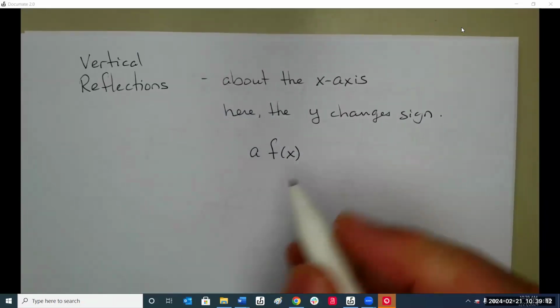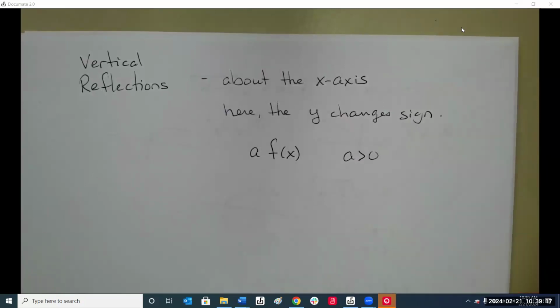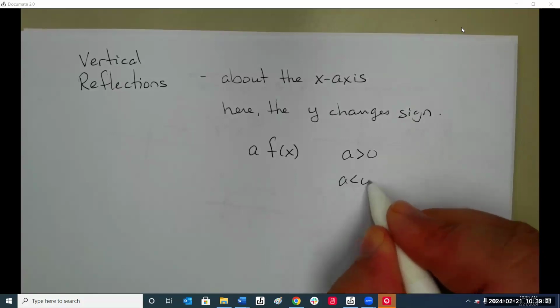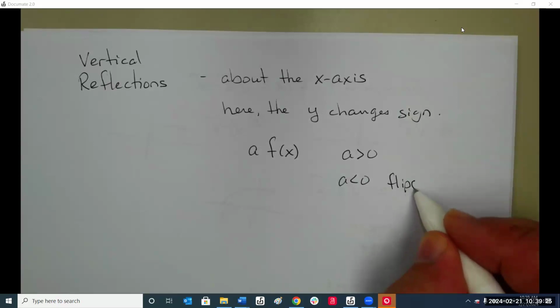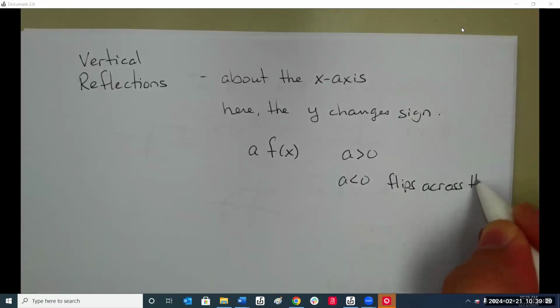If the coefficient a is positive, nothing changes. But if a is negative, it flips across the x-axis.